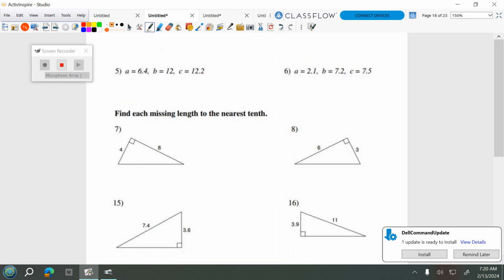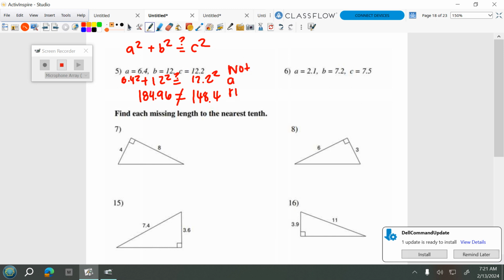So anyways, we're testing, does a squared plus b squared equal c squared? Plug our numbers in: 6.4 squared plus 12 squared, question mark, 12.2 squared. This ends up being 184.96, and it doesn't equal 148.4. All right, so it's not a right triangle. That's how we answer that.